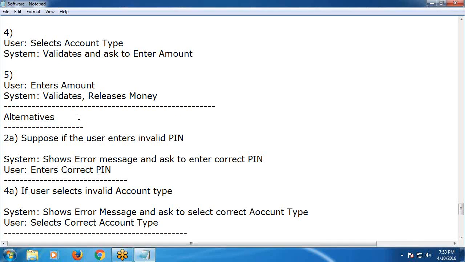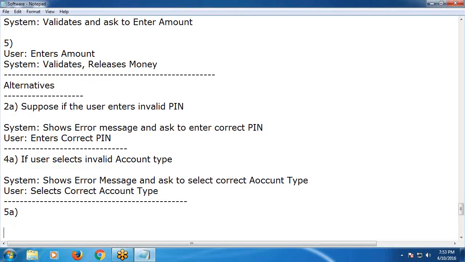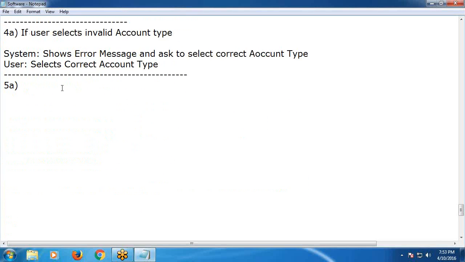Okay, if user enters sufficient amount or valid amount, then system releases the money. Suppose if user enters incorrect amount, another alternate scenario.